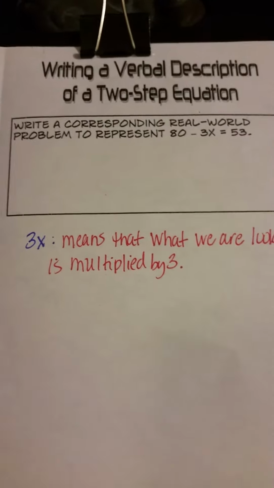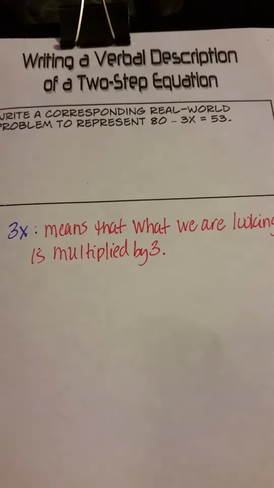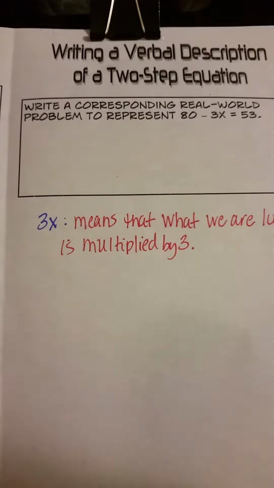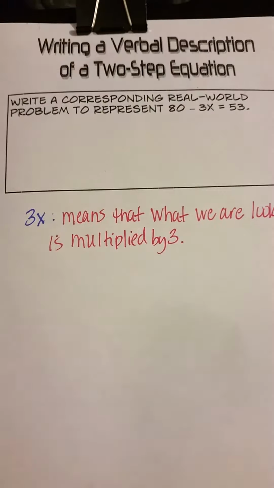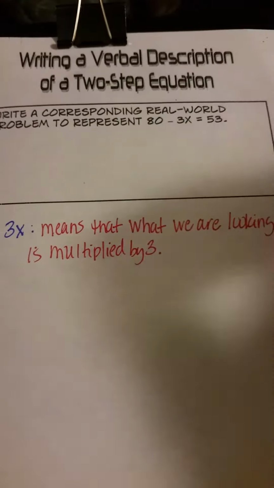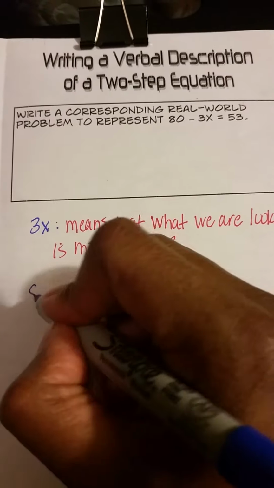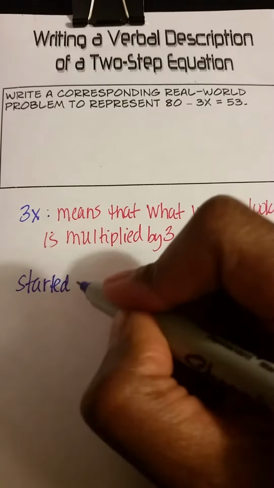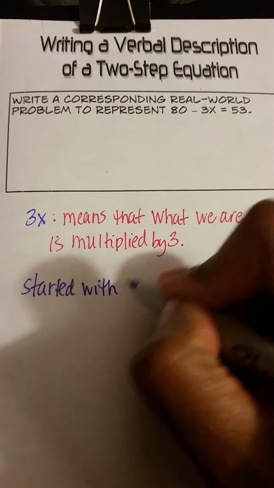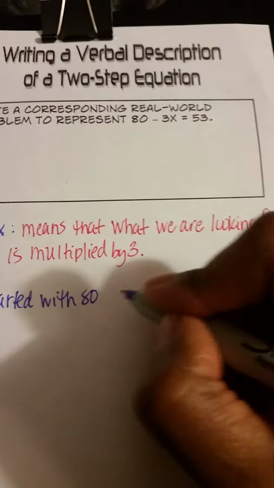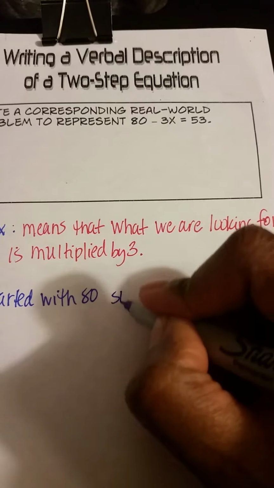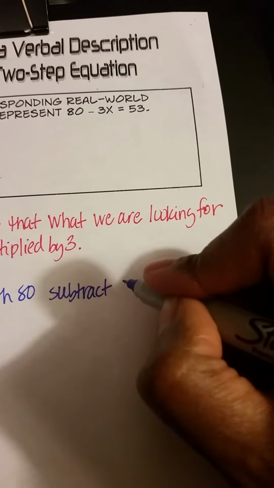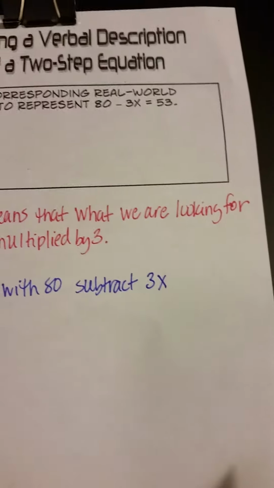Okay. And we also know that here we start with 80. So that 80 means that we started out with 80, and then we're going to subtract 3 times whatever we're looking for. Okay. So I'm going to write that down, just writing our thoughts here. We started with 80. And then we're going to subtract 3x.